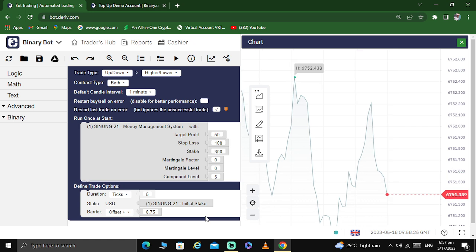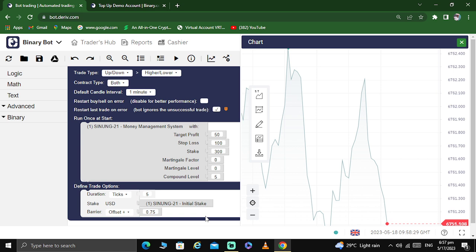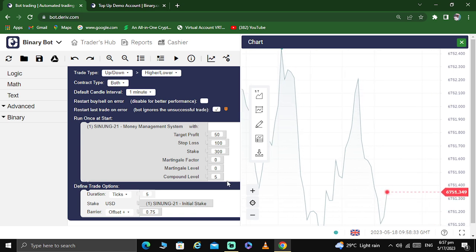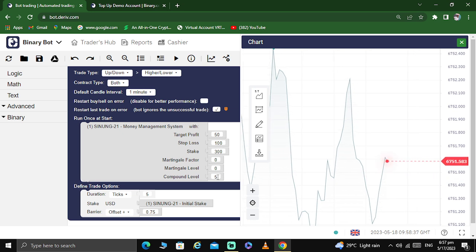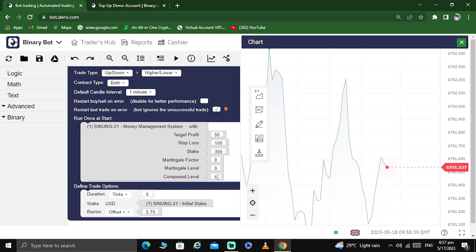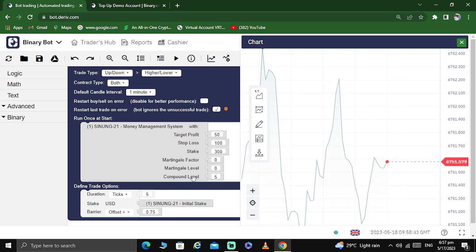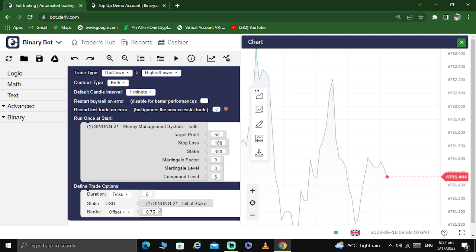If I make a profit of 20, it will be added to my next stake. Instead of using 310 as we used previously, it will use 330. So it will be adding like that for the next 5 times. After the 5 times are over, it will go back to the initial stake, and go again for a raise. It will be raising the stake again for the next 5 times, then go back, and continue like that until you reach your target profit that you want.